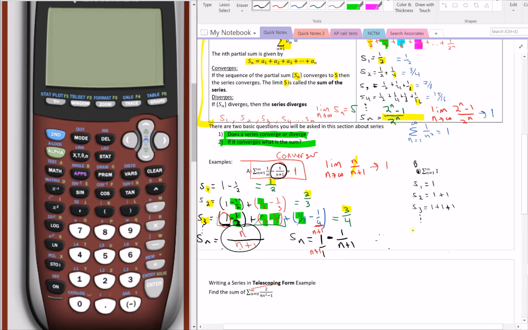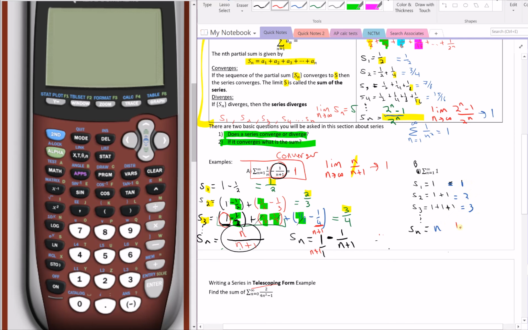This might be pretty intuitive, but can you imagine if you add up an infinite amount of 1s, what are you going to get? It's just going to keep getting bigger and bigger and bigger, right? So you should see it goes to infinity. But if you wanted to, you could follow the same thought process and ask yourself, what's a formula that I could get? So I get 1 when I plug in 1, 2 when I plug in 2, 3 when I plug in 3. Well, it's just n, right?